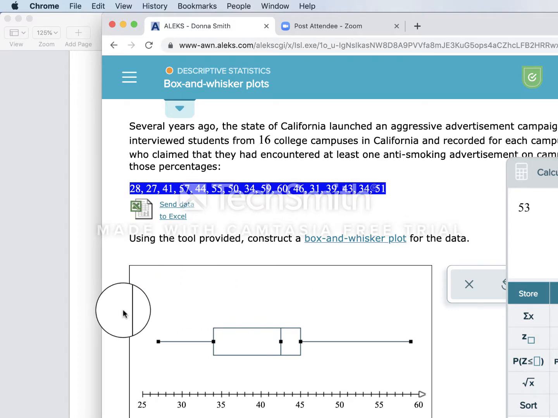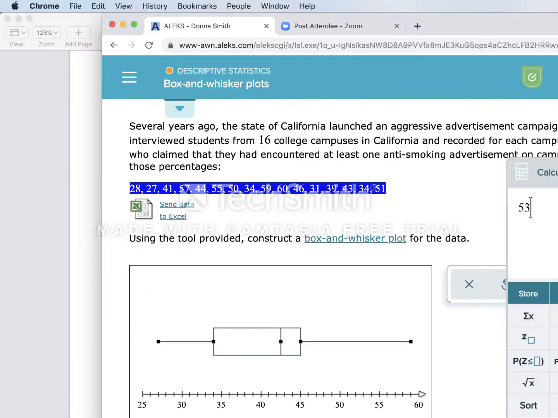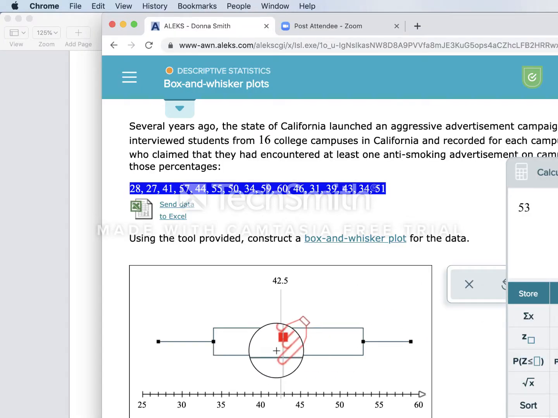And then Q3 was 53. And then the median was 43.5. And now we have 43.5.